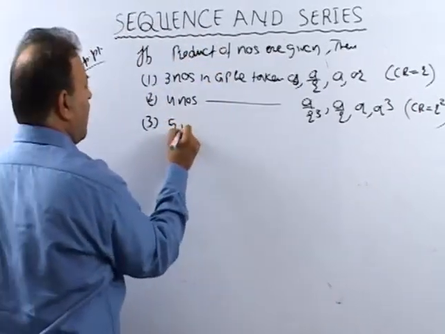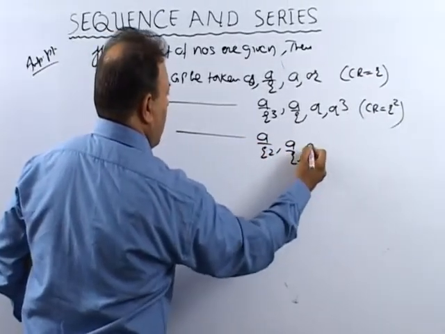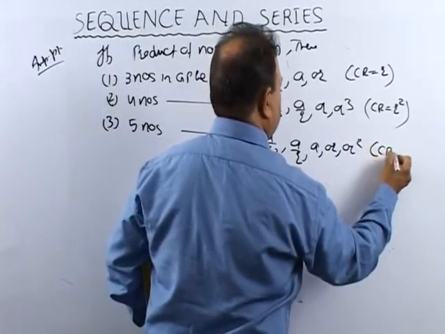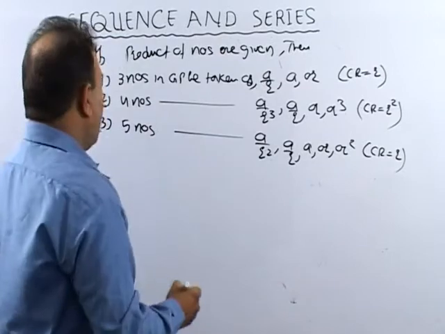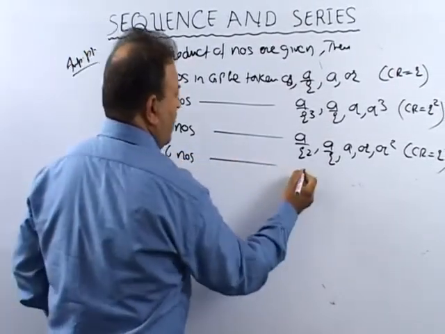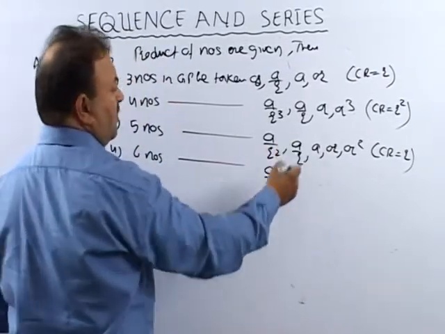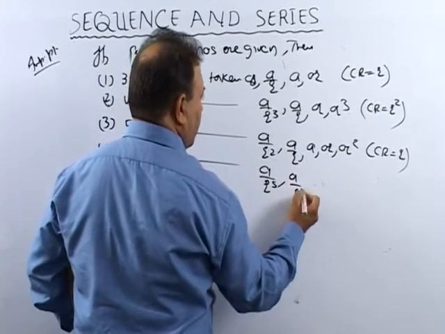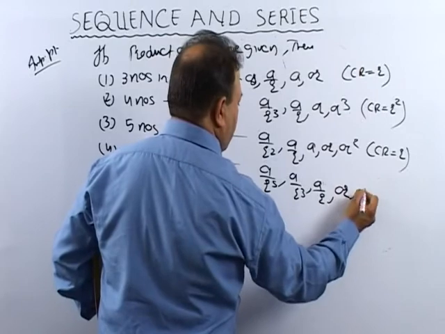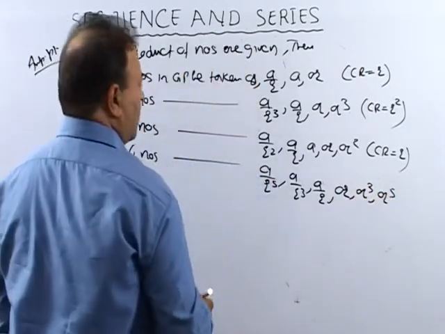Five numbers in GP are taken as A over R square, A over R, A, AR, AR square, and the common ratio is R. Similarly, if we have to take six numbers in GP, we take A upon R to the power 5, because here the common ratio will be R square, then A over R cube, A over R, AR, AR cube, AR to the power 5. Here also the common ratio is R square.